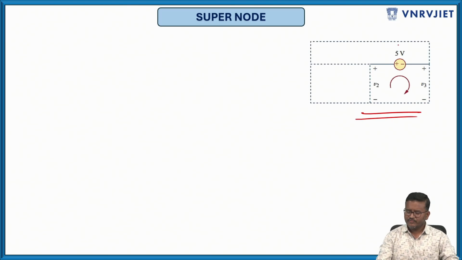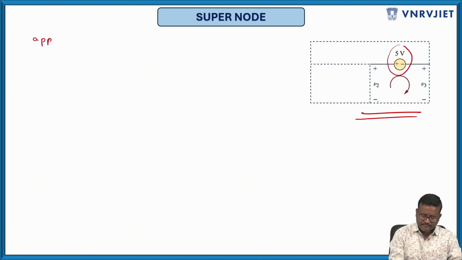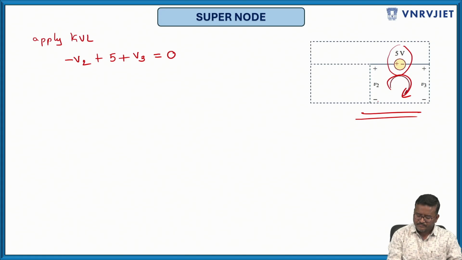Wherever you find a voltage source placed between two non-reference nodes, with that you will be able to get one more equation. This is V2 and this is V3. So here you will apply KVL. Minus V2 plus 5 plus V3 equals 0.